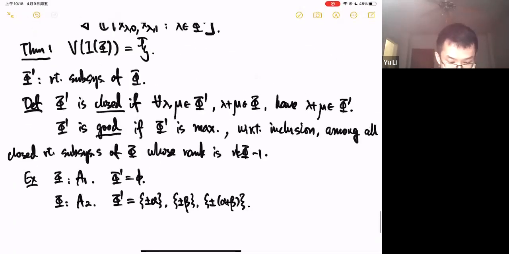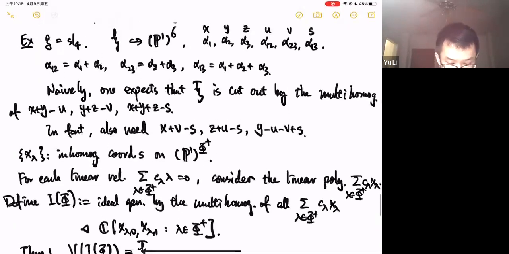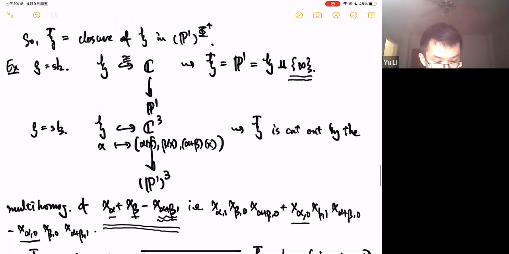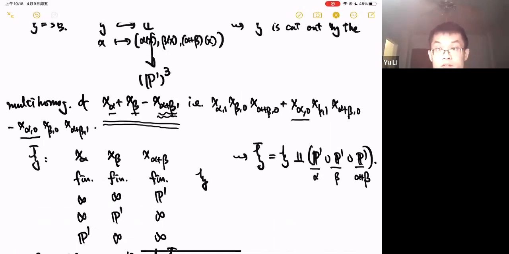If I go back to my example of H bar, in type A1, namely SL2, the boundary has 1 irreducible component. In type A2, namely SL3, the boundary has 3 irreducible components. Okay, and as I remarked, they correspond to alpha, beta, and alpha plus beta. And these are precisely the 3 good root subsystems.